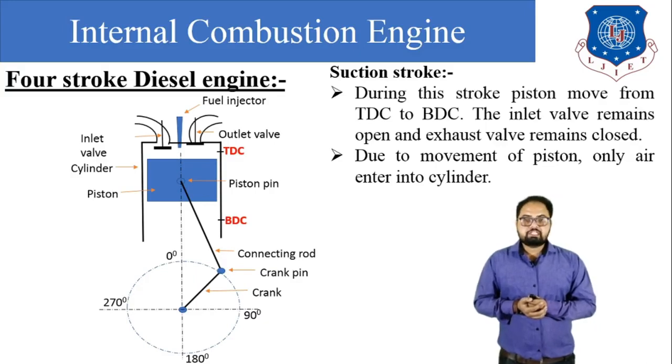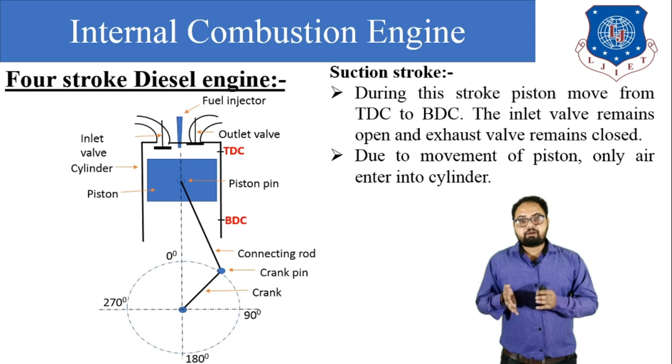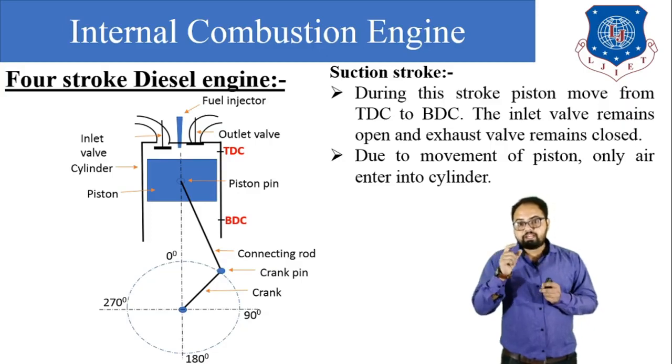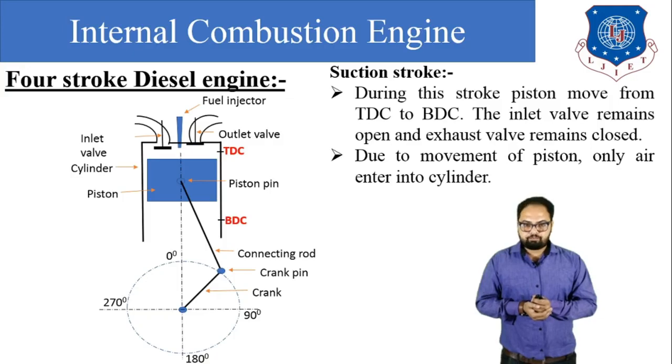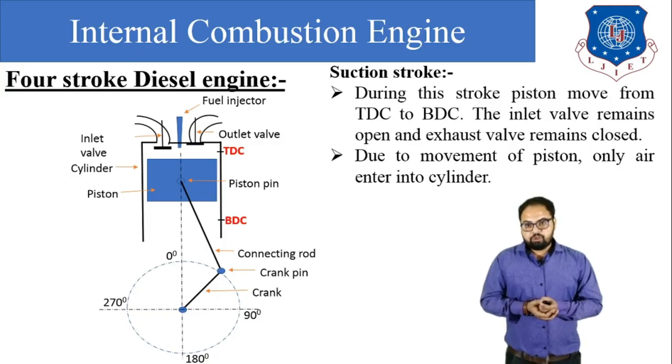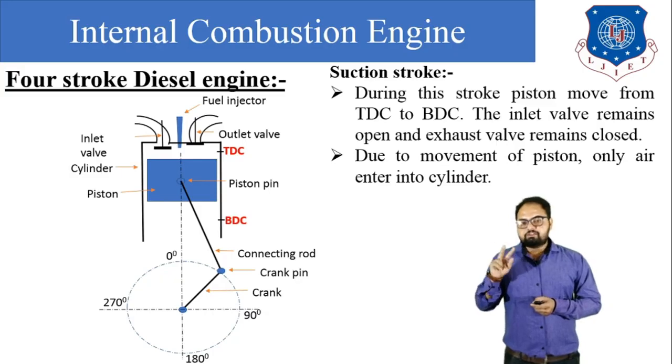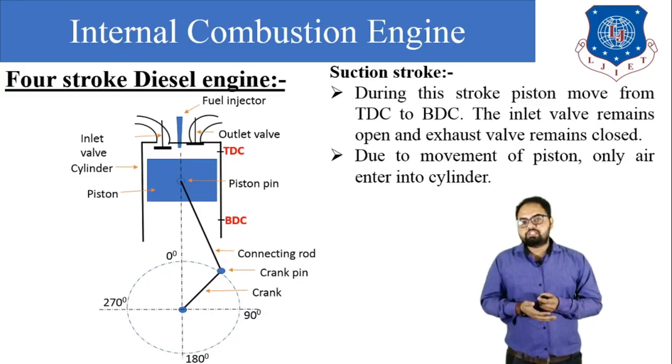But in the diesel engine, instead of a spark plug, a fuel injector is used, which injects the diesel inside the cylinder in fine atomized particle form. So the first difference is the spark plug and the fuel injector. In the petrol engine we use a spark plug, in the diesel engine we use a fuel injector.